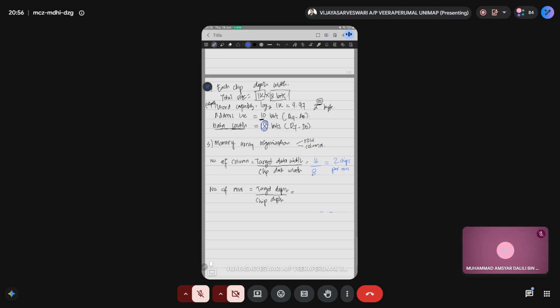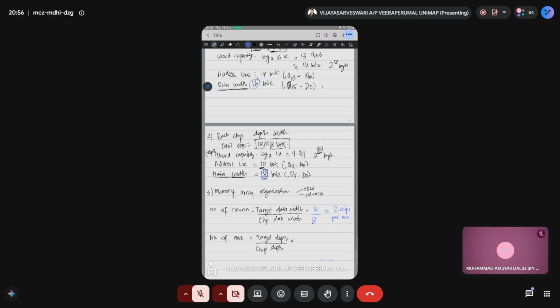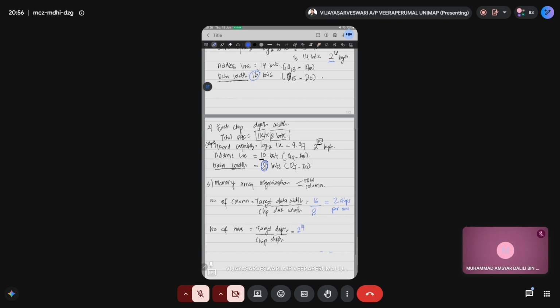And then for the number of rows, we use the target depth. The target depth over here is 2 power of 14, divided by the chip depth, which is 2 power of 10.